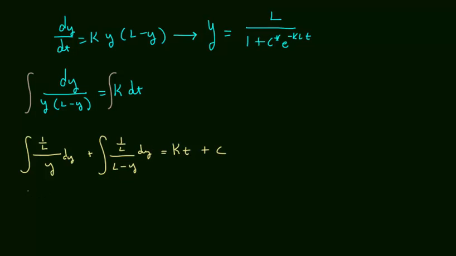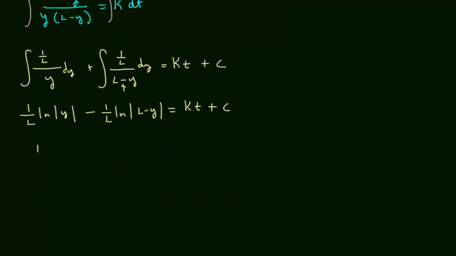This integration is 1 over L, natural log absolute value of y, minus, see the negative here, minus 1 over L, natural log of L minus y equals big K t plus C. Going to use a property of logs, so 1 over L times the natural log of absolute value y over L minus y equals the big K t plus c.